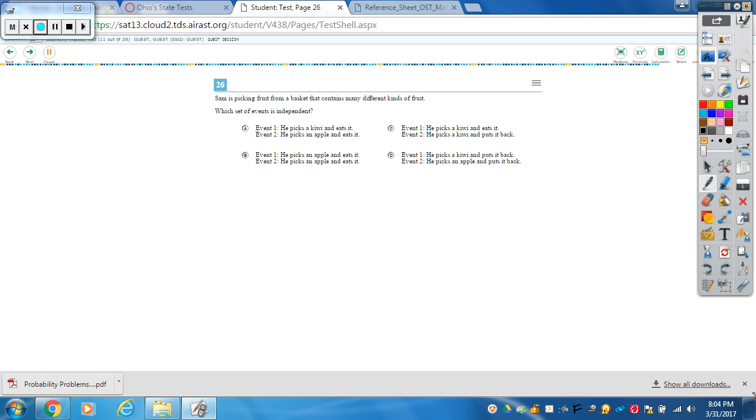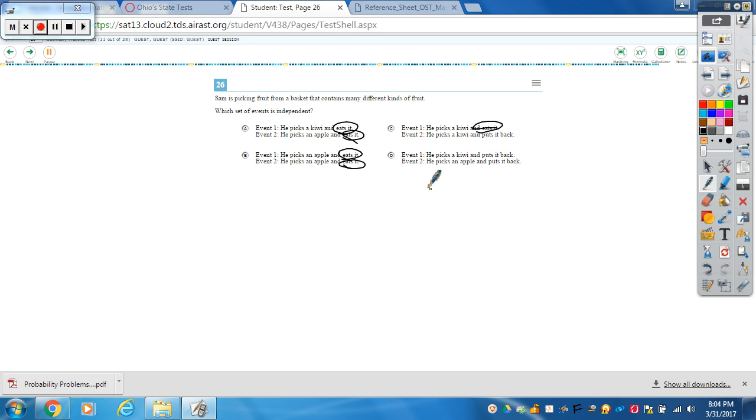So if he picks a kiwi and eats it, does that basket still have the same probability of picking another kiwi or an apple? No, because we're one less fruit. Okay. So anything that eats it or gets rid of it has to be a dependent event.